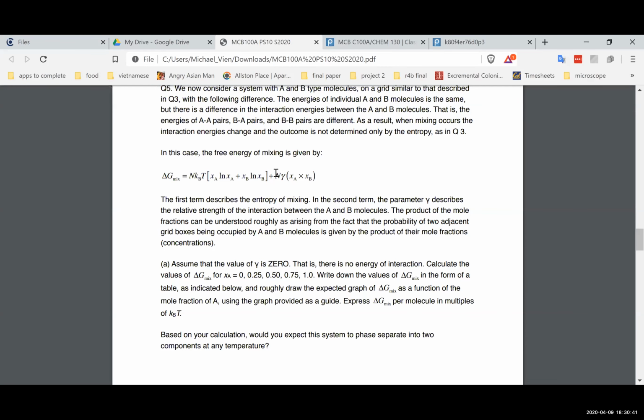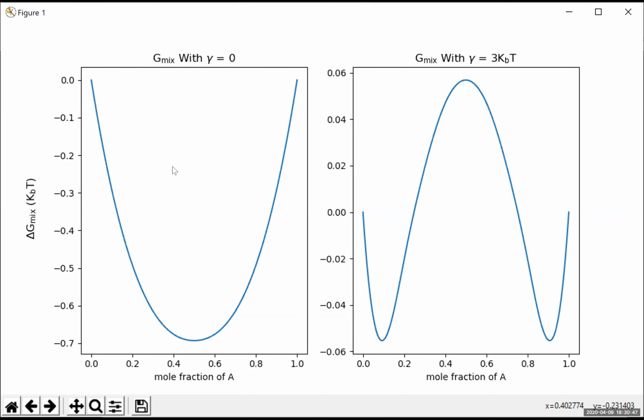Plugging the values into that, you would obtain a graph that only has one minimum, the graph on the left here. This makes sense because entropically, it's most favorable when the mole fractions are equal, so there are more possible microstates to be in. Okay, thank you.